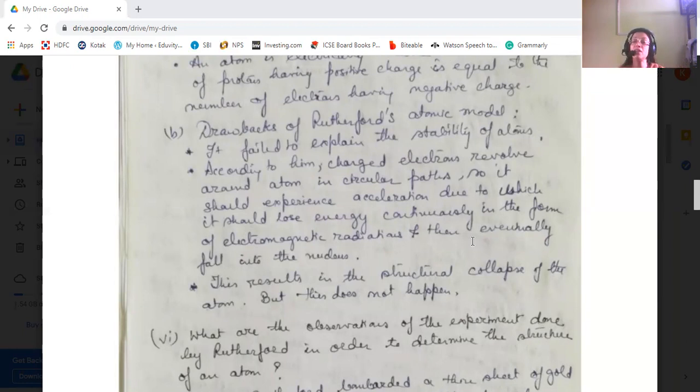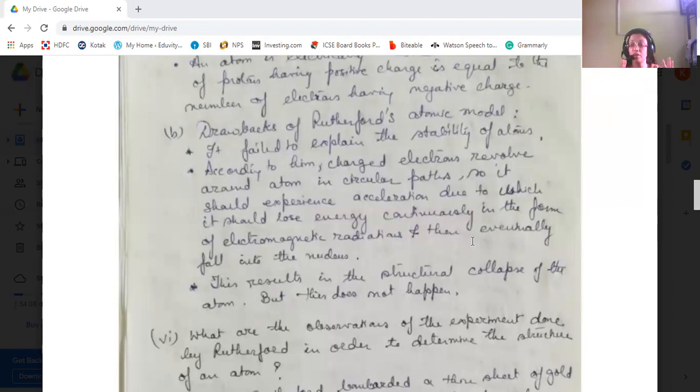As they move, they continuously lose energy in the form of electromagnetic radiations, and eventually they fall into the nucleus.